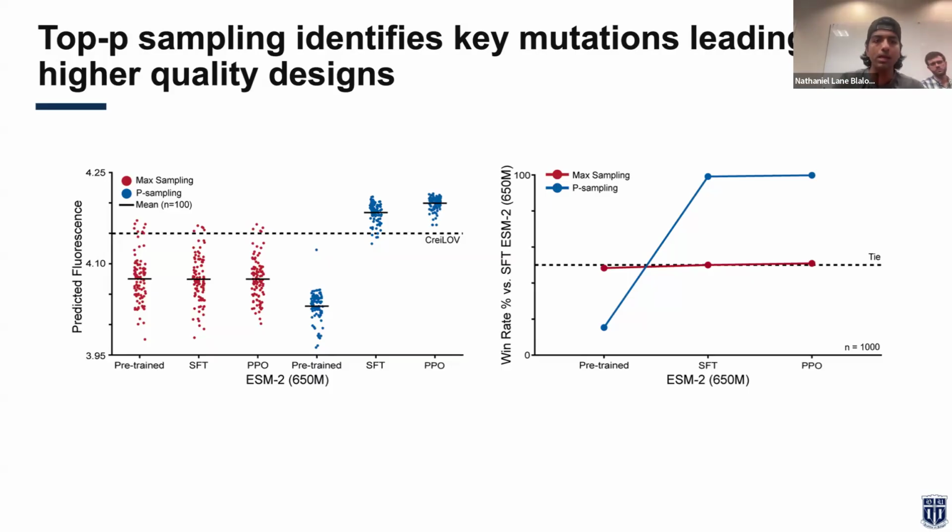However, we did a little bit more research, and in the natural language processing field, there is a sampling technique called top P sampling, which in that field had provided immense benefits to model performance. When we implement top P sampling, what we mean is that we mask every residue of CreiLOV one by one, and we calculate the cumulative non-natural amino acid probability mass for each residue.